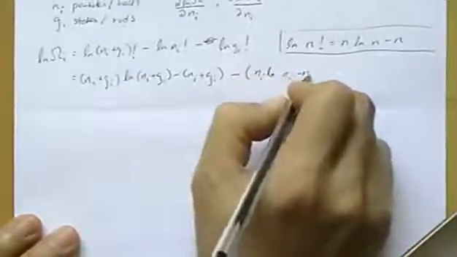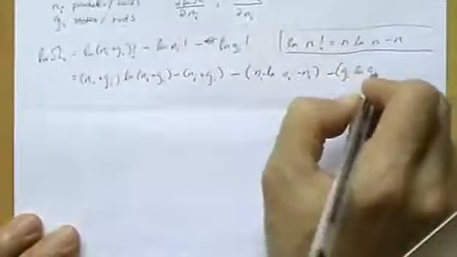So this would look like (ni plus gi) log (ni plus gi) minus (ni plus gi). Okay, that's what it looks like. That one would be minus, put a bracket around it, ni log ni minus ni. That one, gi log gi minus gi.